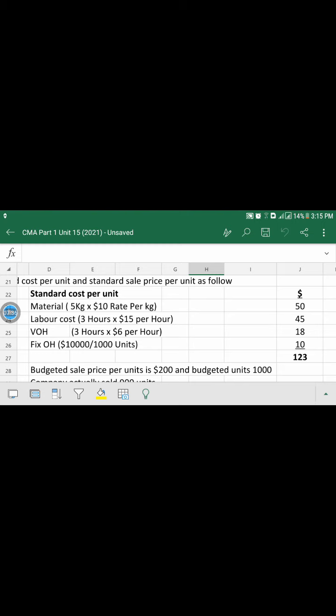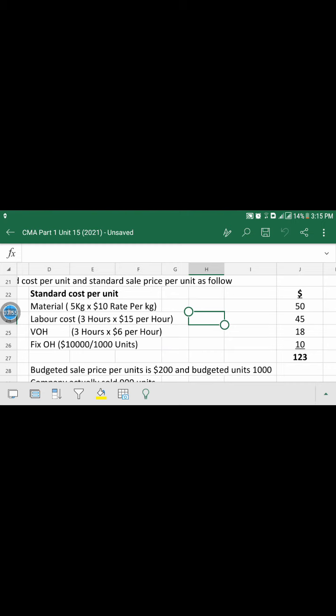So the material cost per unit: 5 kg materials are needed, and 1 kg of material costs $10. So $10 into 5 is 50, right?